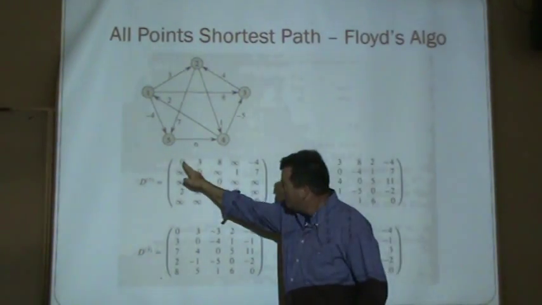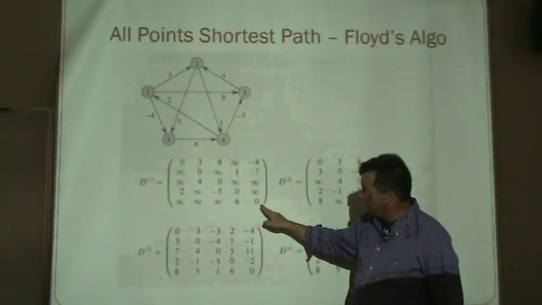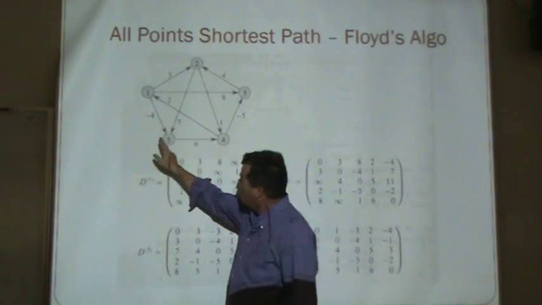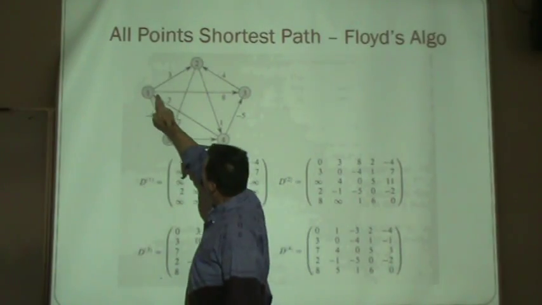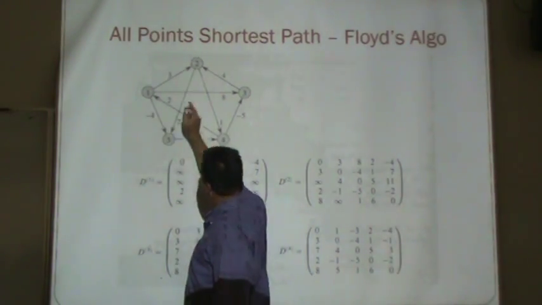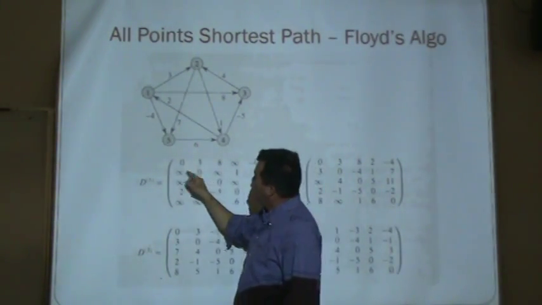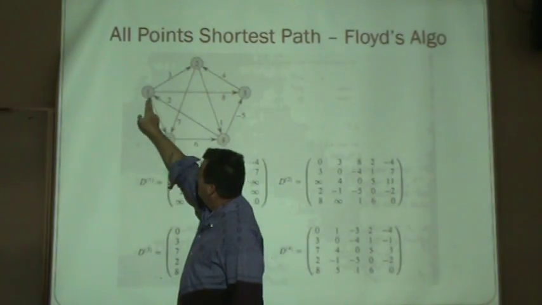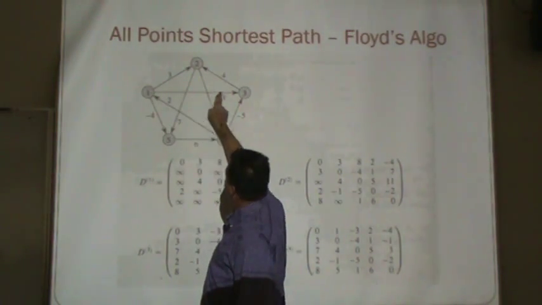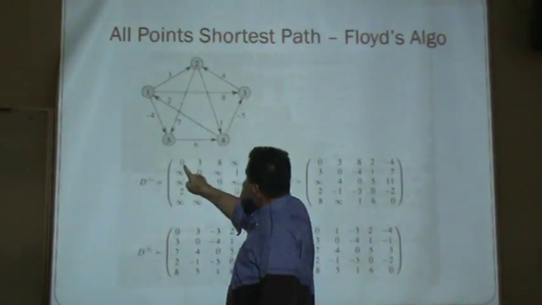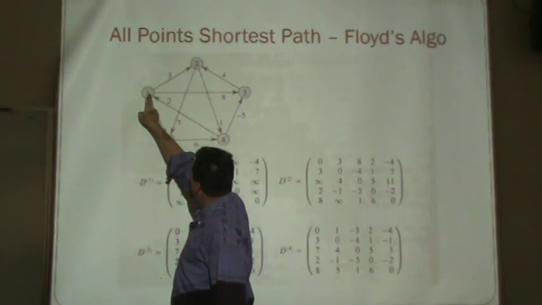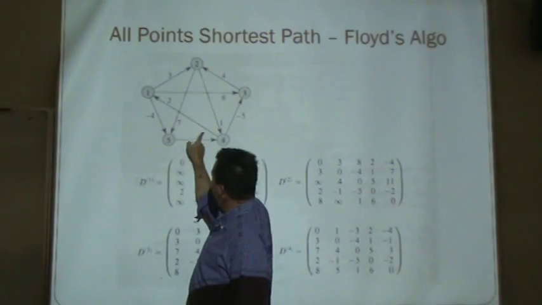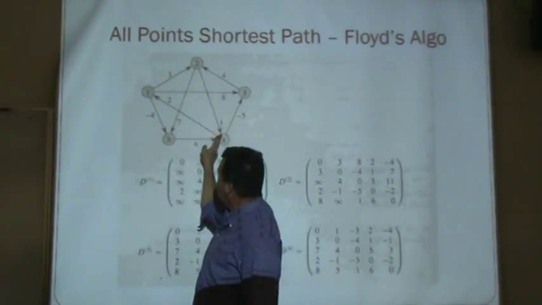To get to yourself is 0, so the diagonal is 0. To get from vertex 1 to vertex 1 takes 0. To get from vertex 1 to vertex 2 takes 3 in 1 hop. To get from vertex 1 to vertex 3 in 1 hop is a cost of 8. To get from vertex 1 to vertex 4, there's an arrow pointing this way, so you can't do it.